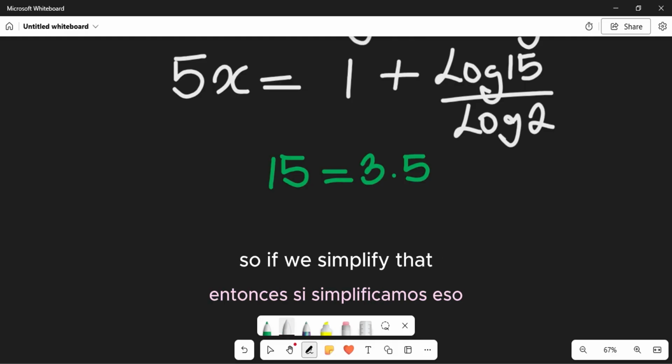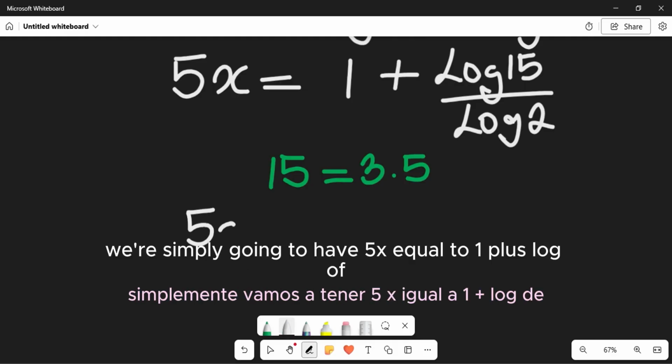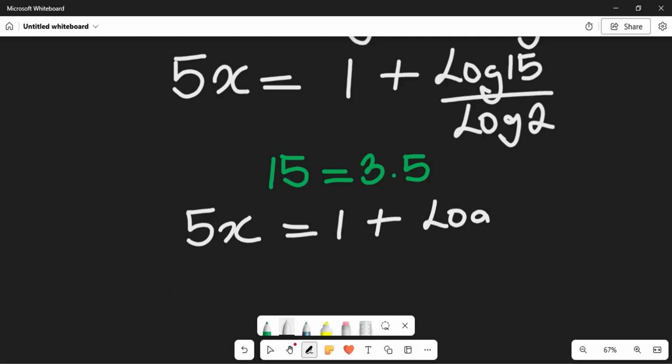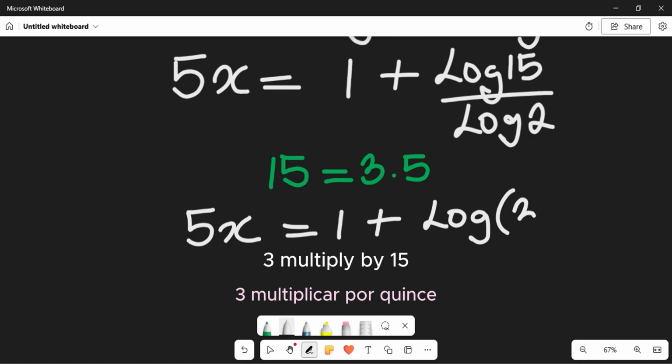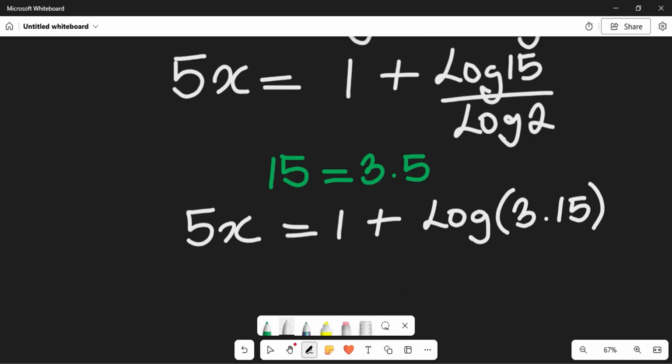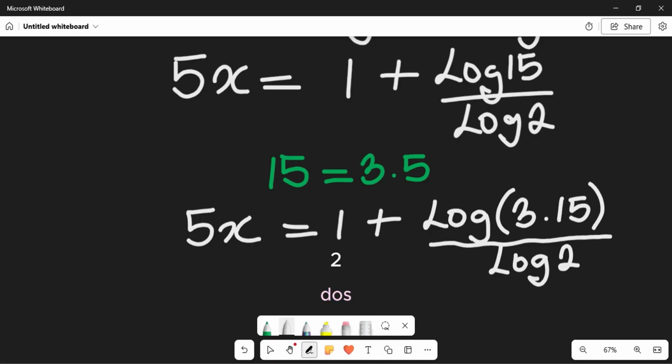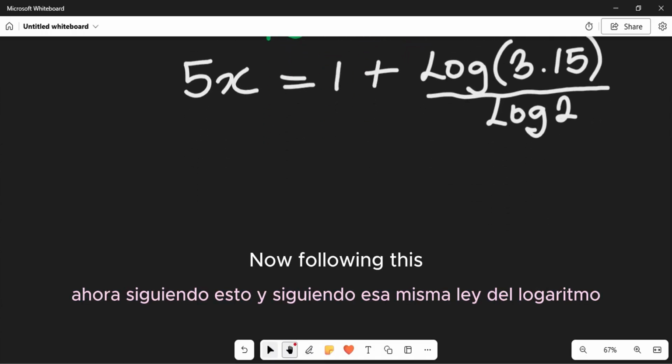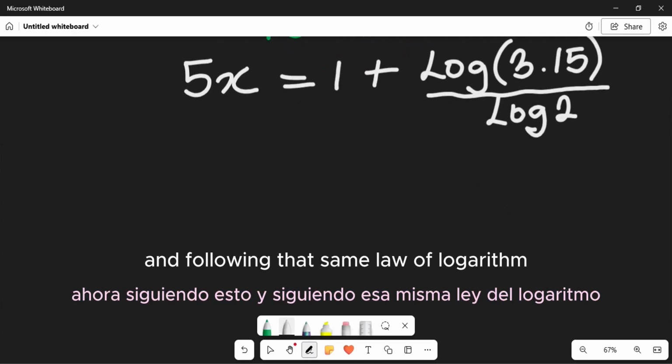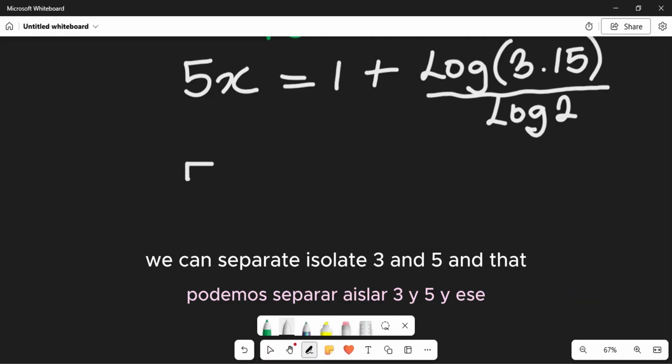So if we simplify that, we're simply going to have 5x equal to 1 plus log of 3 multiplied by 5, and all of these will be divided by the log of 2.